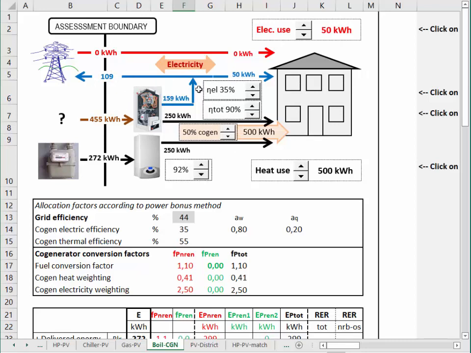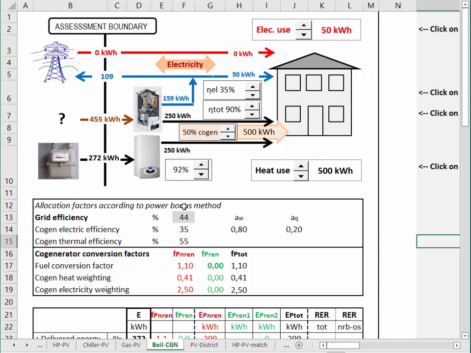When there is a cogenerator, the first step is allocating the energy input of the cogenerator to the electricity and heat produced by the cogenerator. This is called allocation, and there are several methods. This sheet uses the power bonus method. This area includes all the data for the calculation and the results.